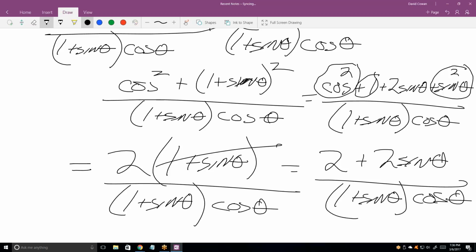I can cancel that with that, and I end up with my 2 over cosine theta, which is 2 secant theta. Oh, wow. But notice, had I multiplied out the bottom, I would have been liable to never have seen that I could cancel out that 1 plus sine theta with this 1 plus sine theta.